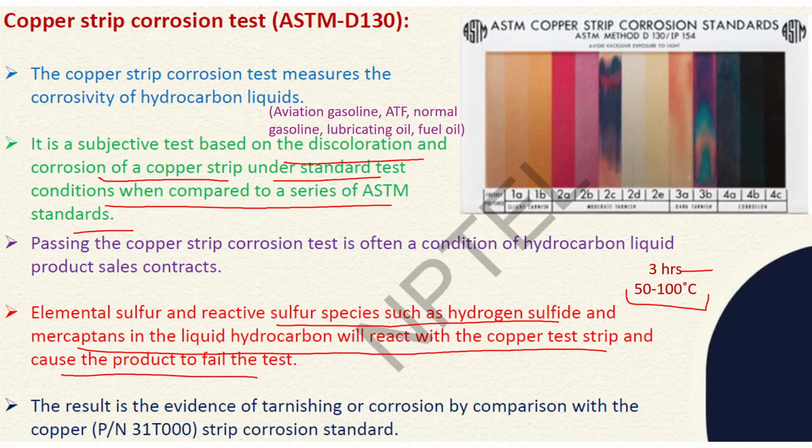After that the strip is taken out and compared with this standard strip, the copper strip corrosion standard, and the color of the copper strip is compared with the color on these strips, giving us an idea about the sulfur corrosivity of the crude oil.